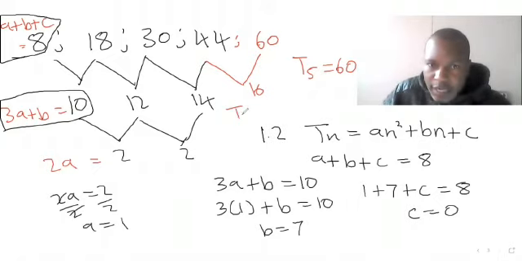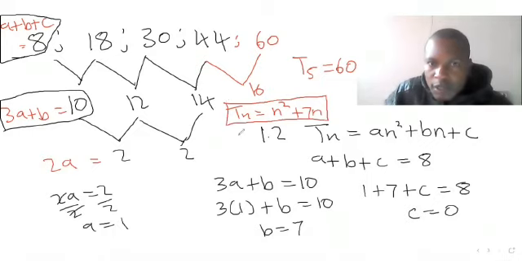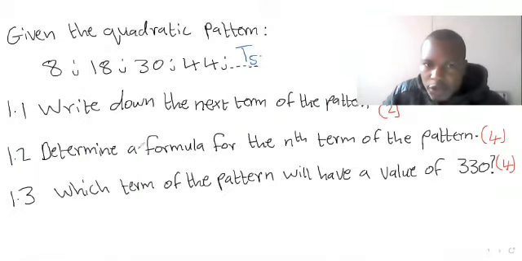Tn equals, a was 1, so that's n squared, b was 7, so that would be 7n, plus c, which is 0. So our Tn equals n squared plus 7n, which is what we were asked here: determine a formula for the nth term of the pattern.